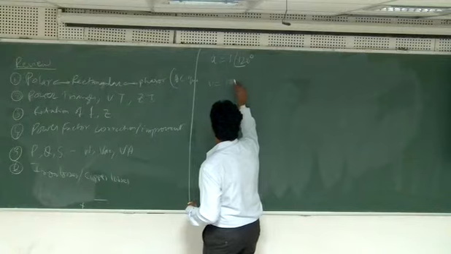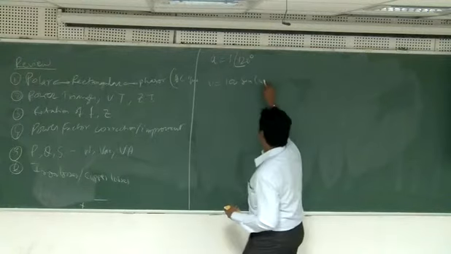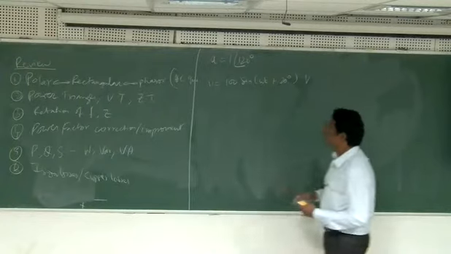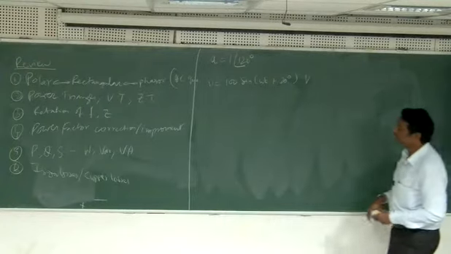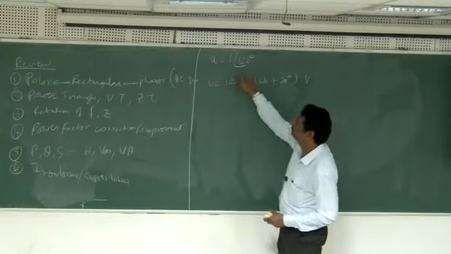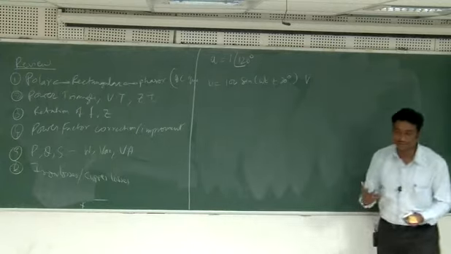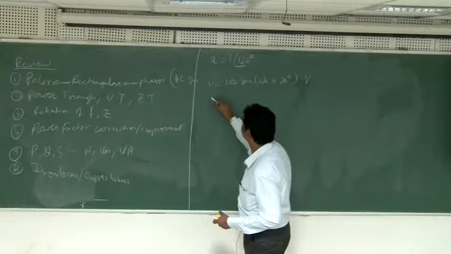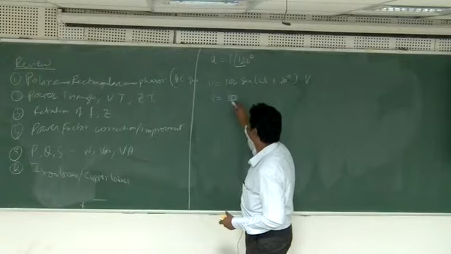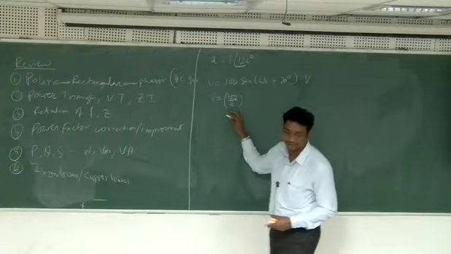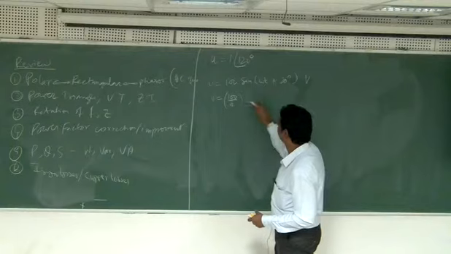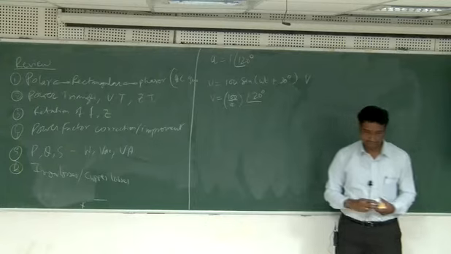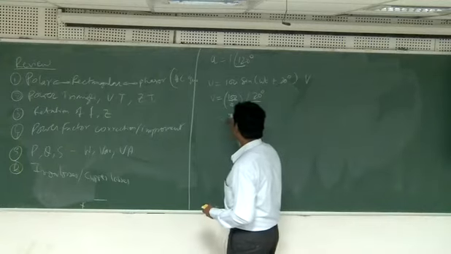100 sine omega t plus 20 degrees volts. I take a voltage like this, and if I multiply V into A, what happens? That is the question we are asking. If you represent V in polar form, it will be 100 by root 2, the RMS value of the magnitude of the voltage, with an angle of 20 degrees. 100 by root 2 is 70.7.